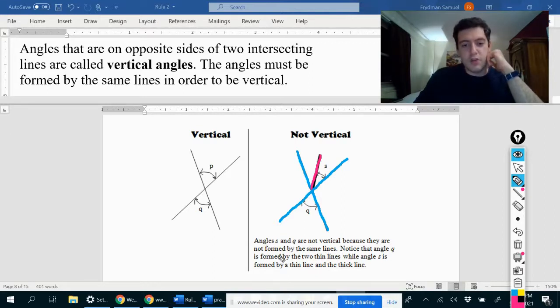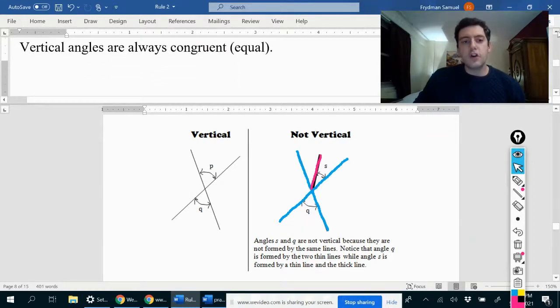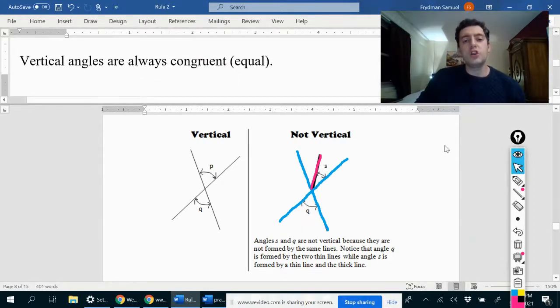Notice that angle Q is formed by the two thin lines, which I drew over in blue here, while angle S is formed by a thin line, it was this one, and the thick line, which I went over in pink over here. Okay, so let's continue now. Vertical angles are always congruent.